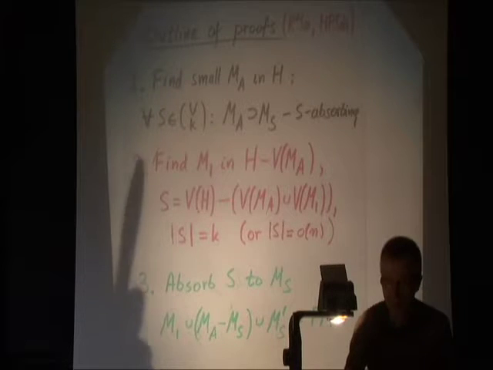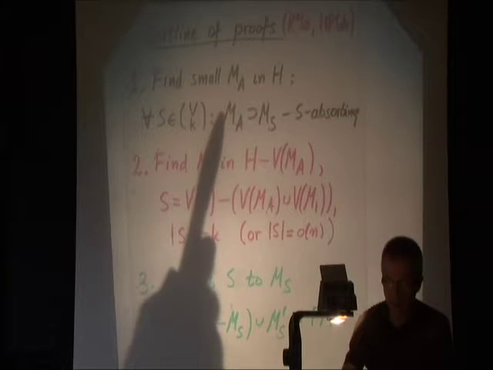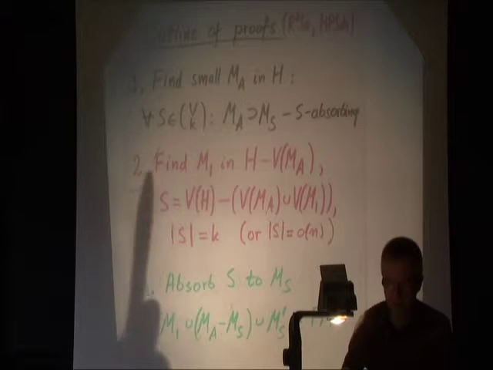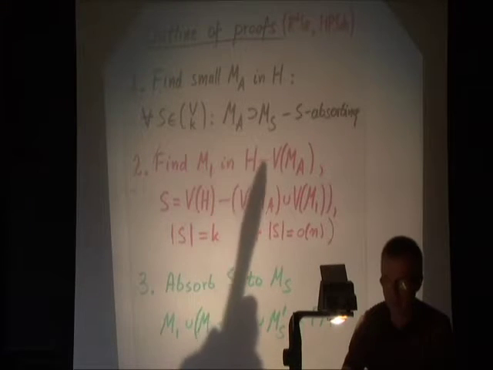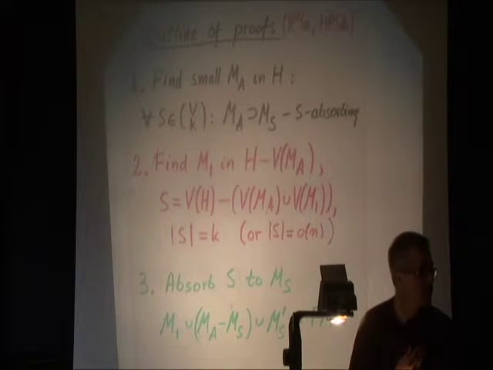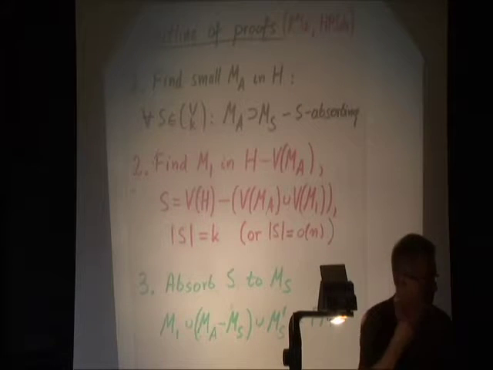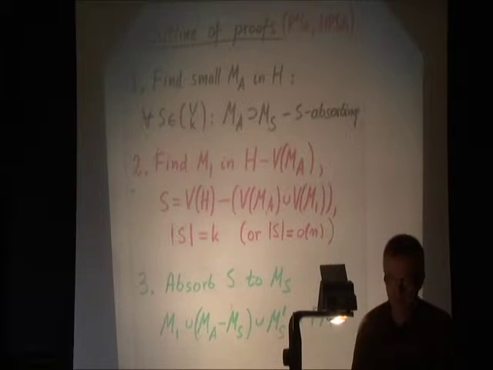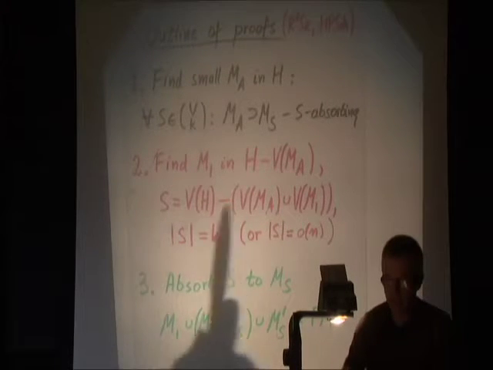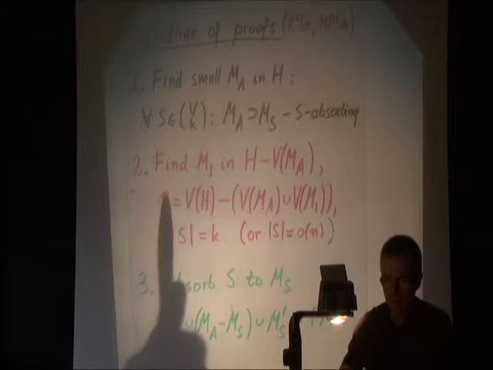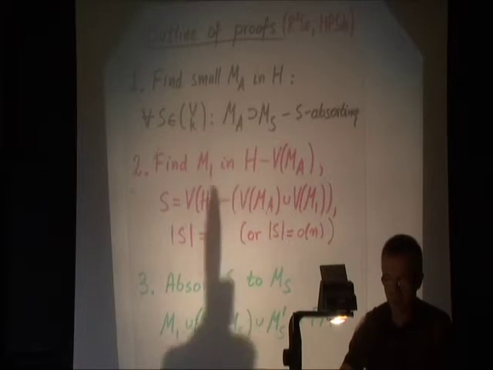In step 1, we find a small absorbing matching, M_A, so that every k-tuple finds some absorbing device in it, like I just showed, of some kind. So that in the end, if you are left with k vertices, they can be absorbed. Now the second step: we put this matching aside and find a large matching in the remaining hypergraph.